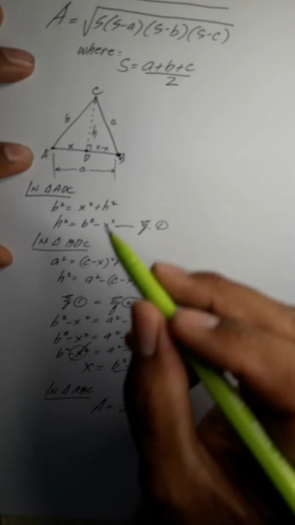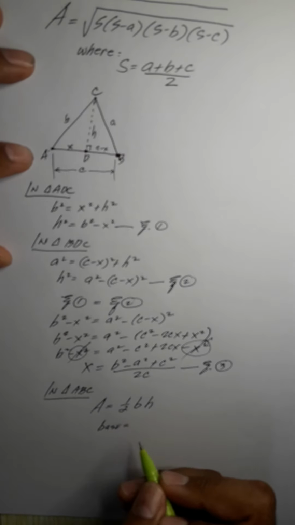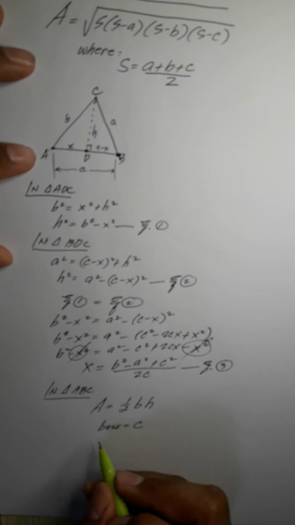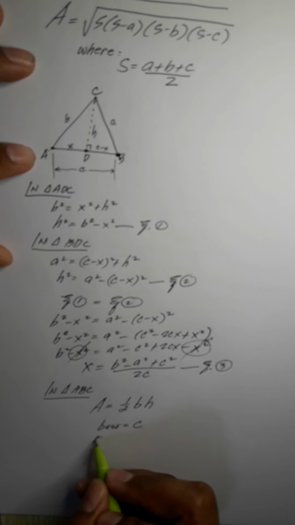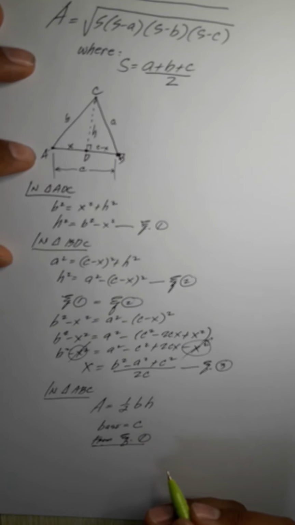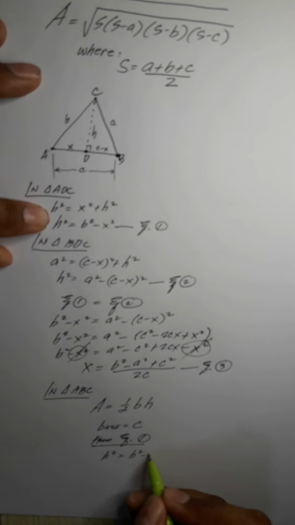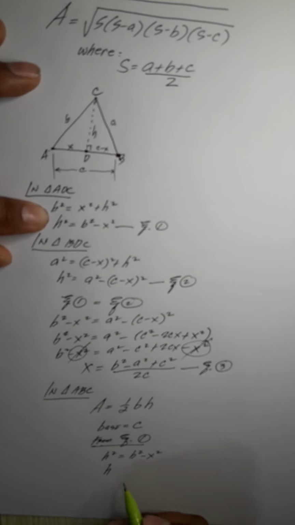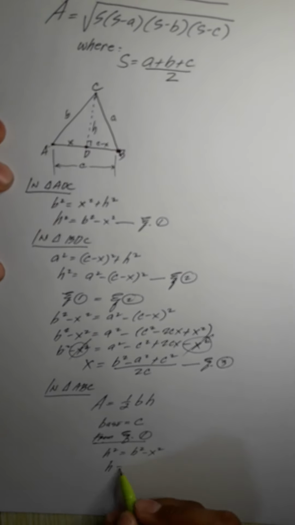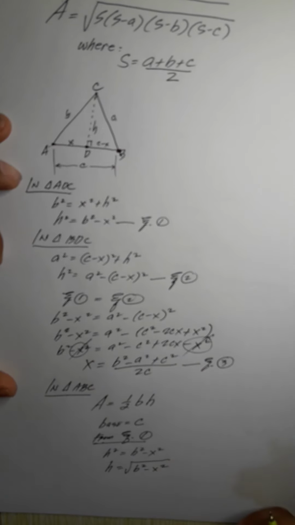But our base from the figure is equal to c, and from equation 1 we get the value of h. So h squared is equal to b squared minus x squared. So h will be equal to the square root of b squared minus x squared. So this one and this one we substitute here.